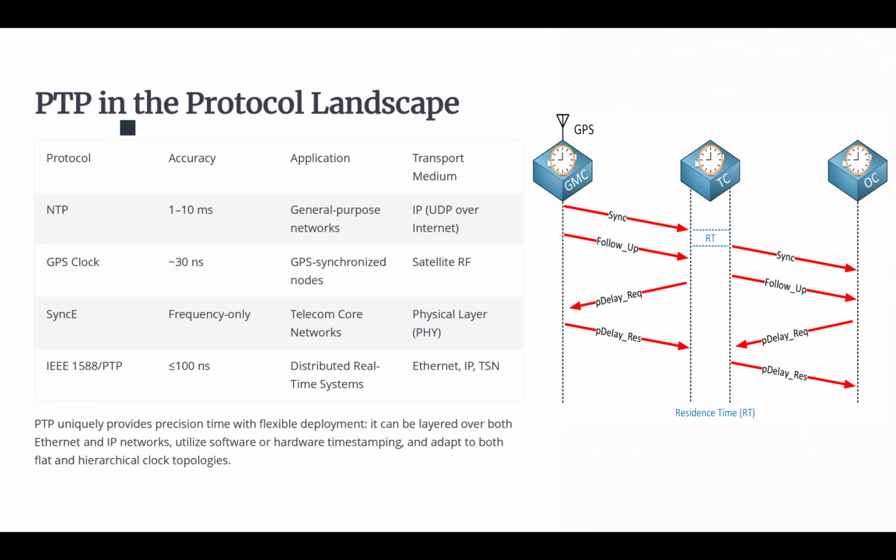Now, another option that we have for time synchronization is the GPS clock. GPS clocks offer around 1 to 30 nanoseconds of accuracy. And as you probably know, it works by receiving time signals from satellites. So GPS receivers can work incredibly precisely.